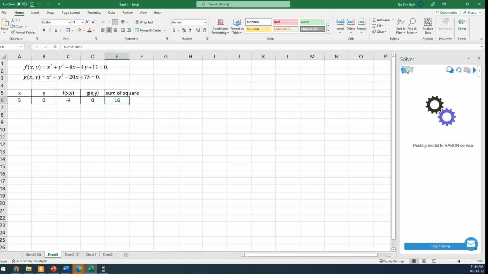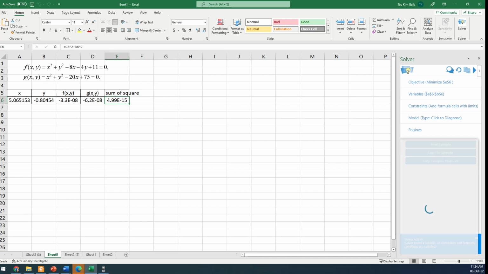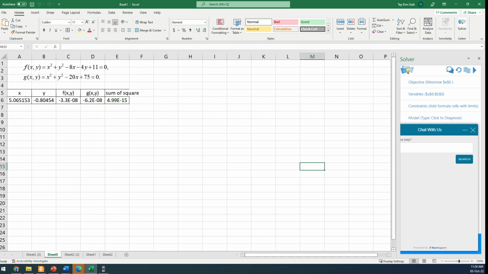So if we use Office 2016 or whatever, I'm not sure whether it has changed to the new layout. Okay, solver found a solution. Why not show the solution to me?